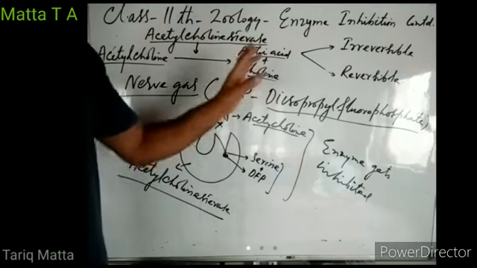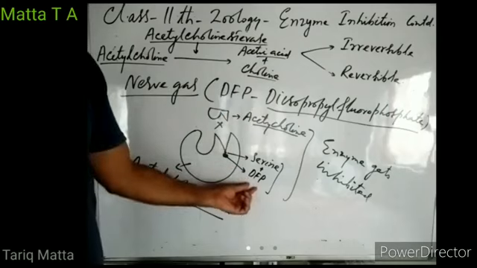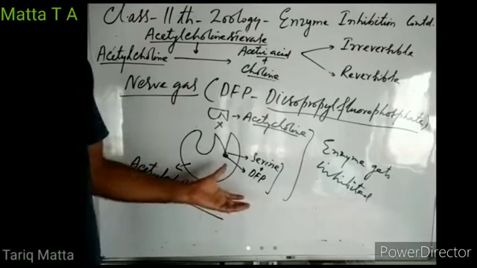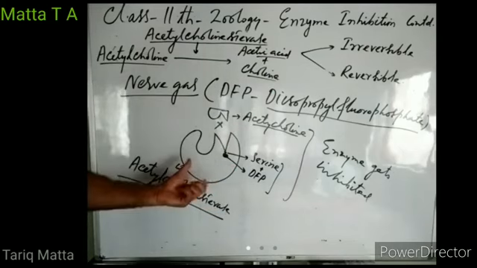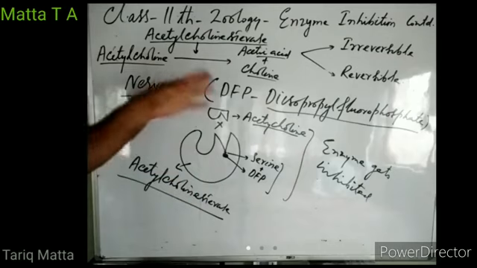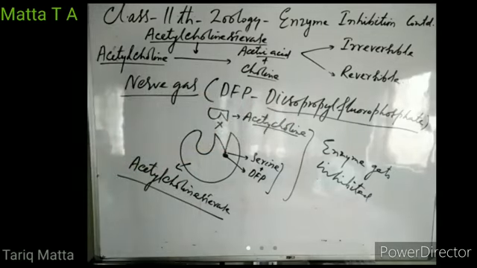That is why we call it non-competitive inhibition. It is irreversible because once DFP binds to a serine amino acid, it cannot be removed, right? So this is irreversible non-competitive inhibition, and its famous example is the neurogas diisopropyl fluorophosphate. So this is how this inhibition works, right?